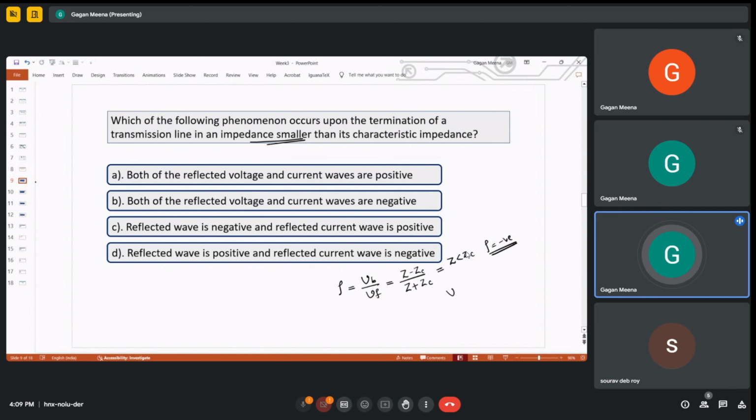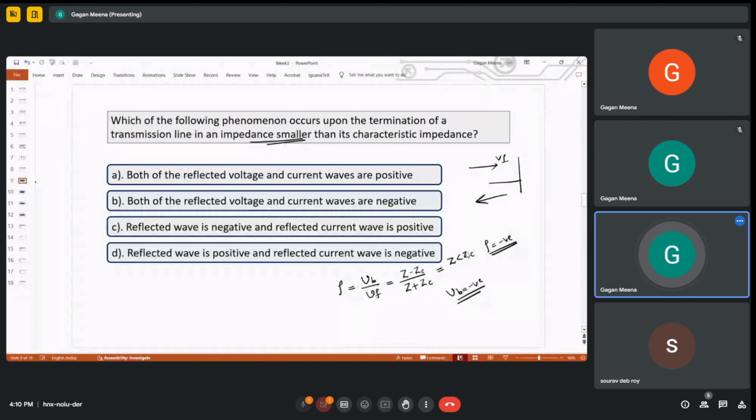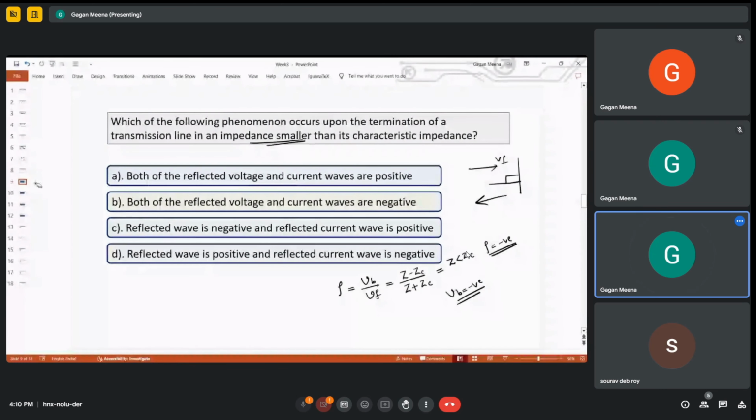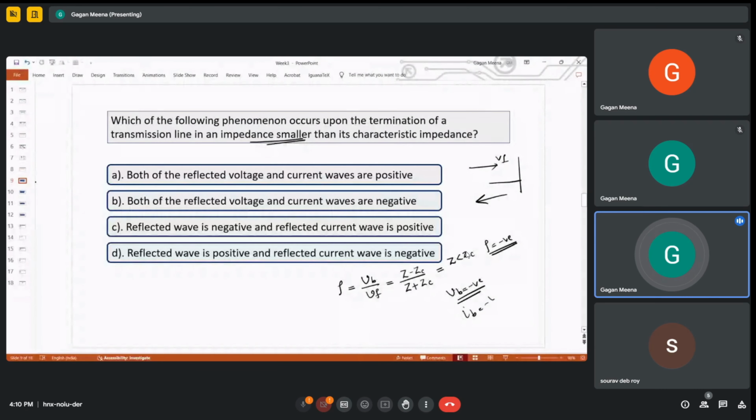If rho becomes negative, that means VB becomes negative. So earlier this was our VF, VB was this, but now if it becomes negative, then the voltage at the termination will reduce, and IB, which is always minus VB by ZC, will become positive.